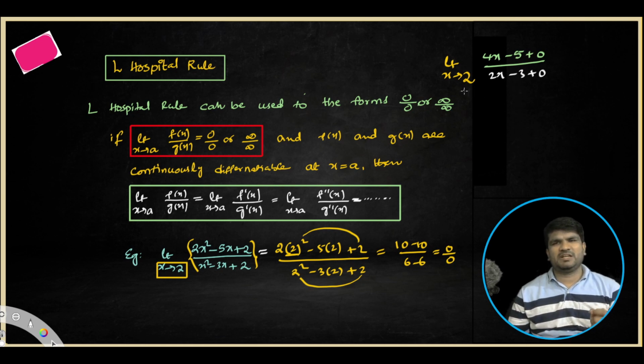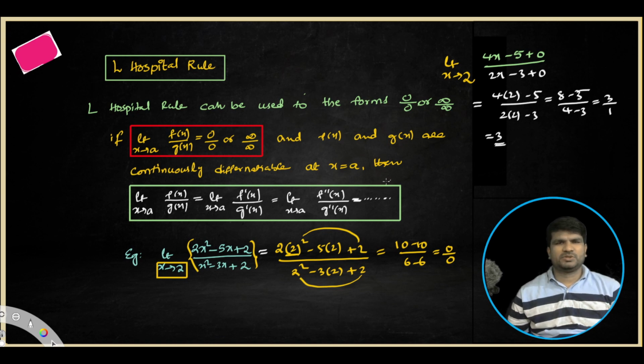Now in the place of x we have to apply the limit. So 4 times of x equals 2, minus 5, by 2 times of 2 minus 3. So 4 2s are 8, 8 minus 5, divided by 2 2s are 4 minus 3. 8 minus 5 is 3, by 4 minus 3 is 1. So the answer is 3 by 1, that means 3.